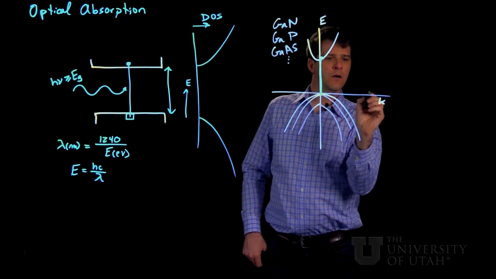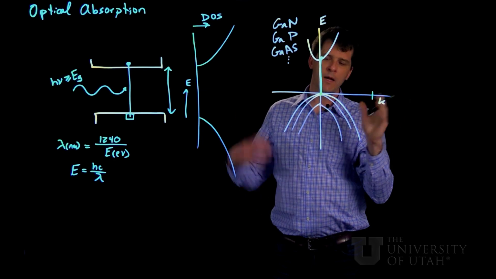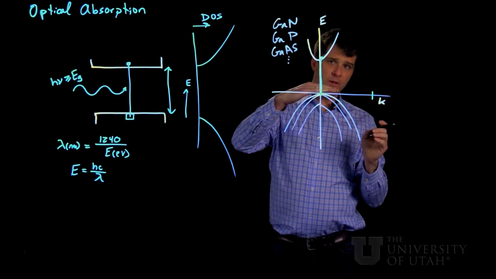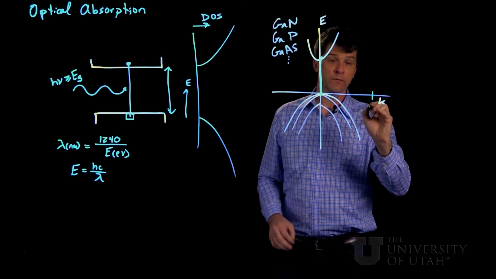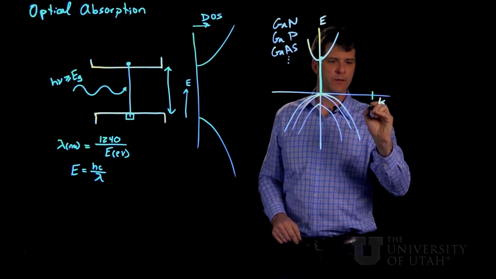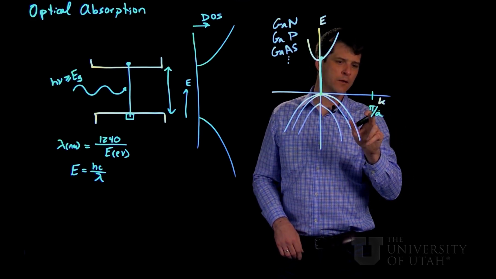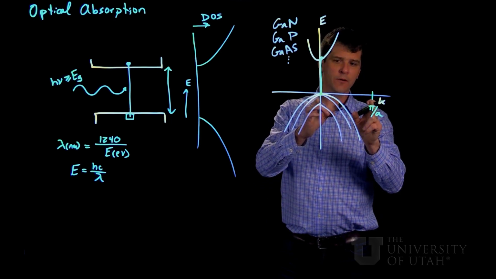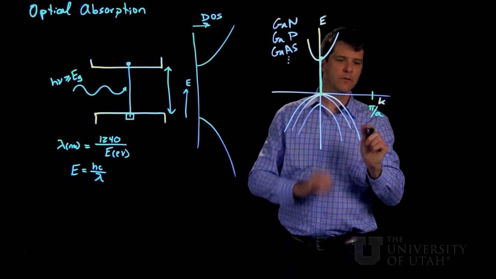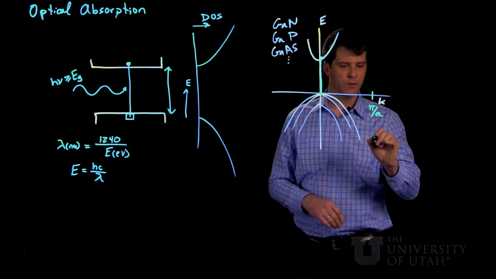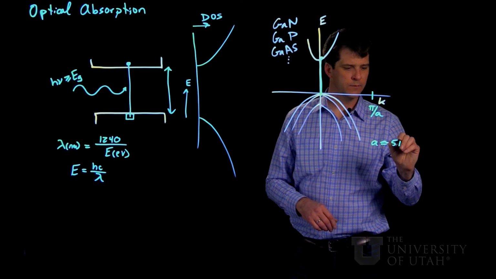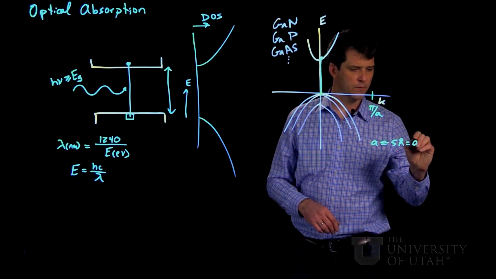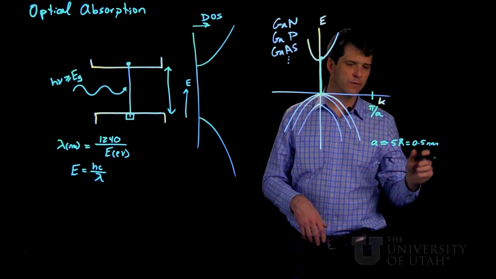So we can look at the magnitude of the k and energy for photons and for phonons, which are going to have to participate in the next indirect case. So if we look at how far out this diagram goes, it's approximately given by pi over a, where a is the lattice constant of the semiconductor, which is about 5 angstroms or 0.5 nanometers.